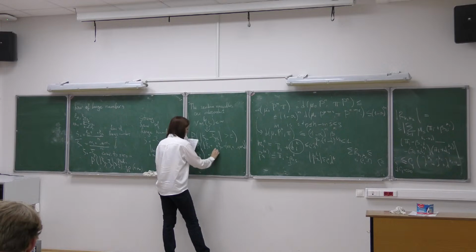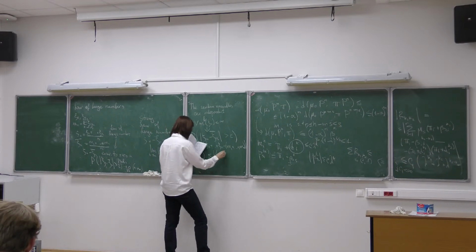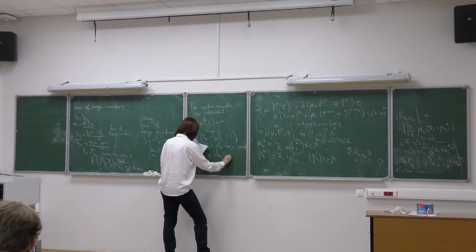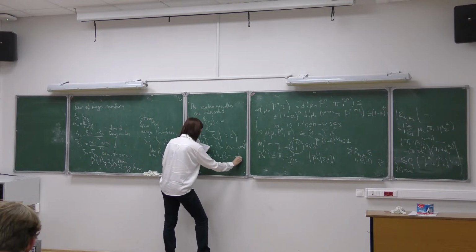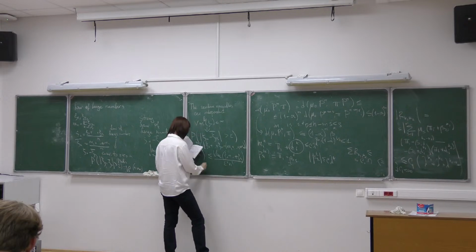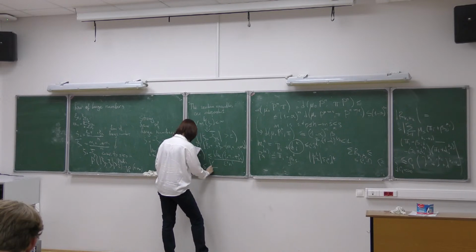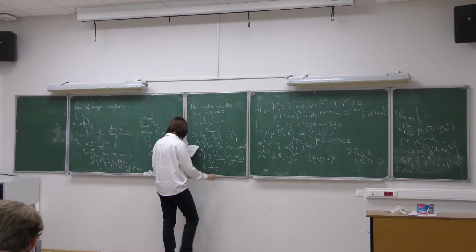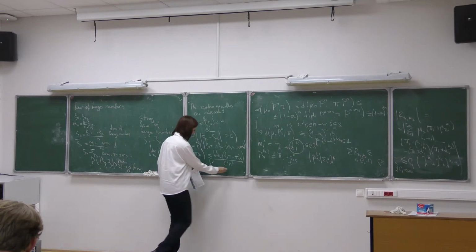And this can be estimated in terms of the variance over epsilon n squared. So this is some constant over epsilon squared n. So it should go to 0.